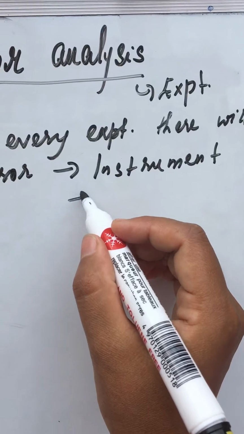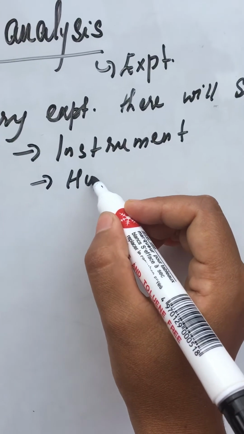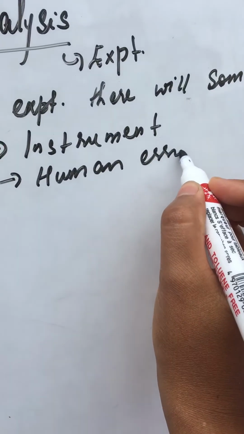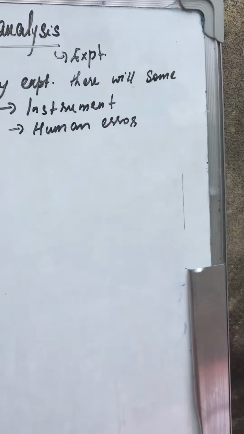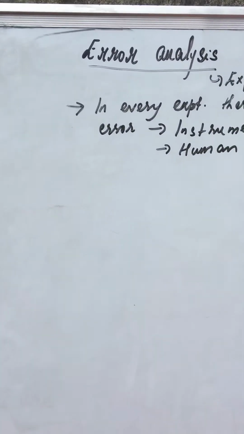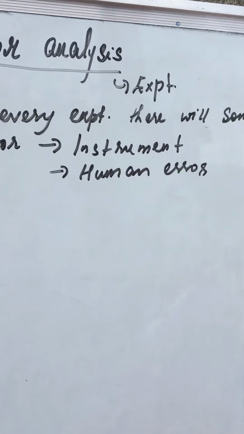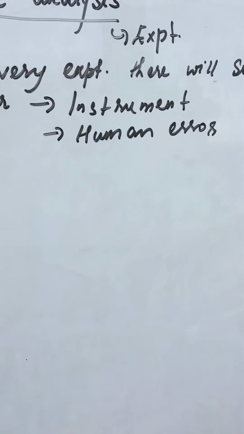Some of the error can be due to human negligence, human error. So whenever an experiment is done, our basic idea is that there will be some error.